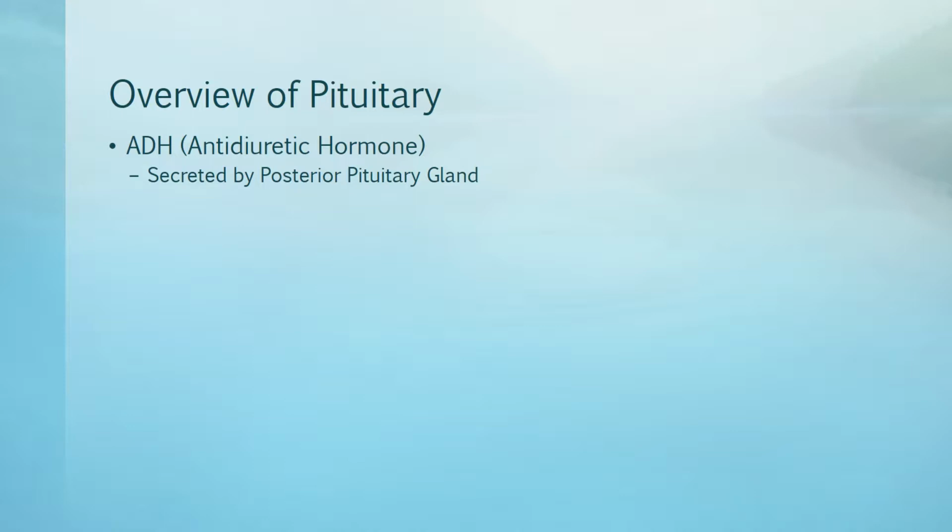The target organ is our renal tubules, and it increases the reabsorption of water back into our circulatory system, or on the other hand, it decreases urine output to hold on to fluid. Some of the target tissue can be our arteries, which, as I mentioned before when we talked about vasopressin, it causes vasoconstriction. And the antagonist is aldosterone.